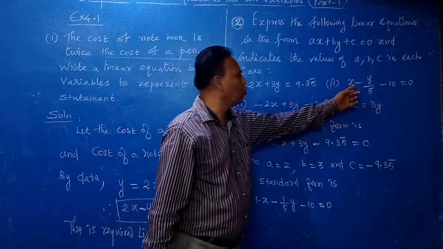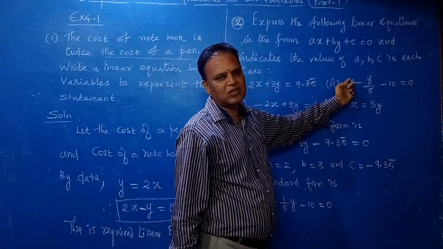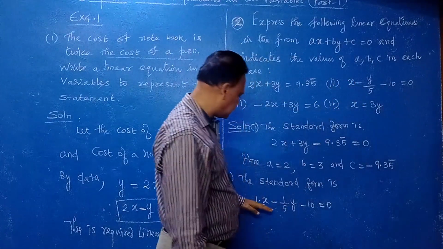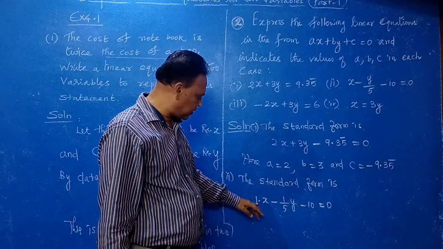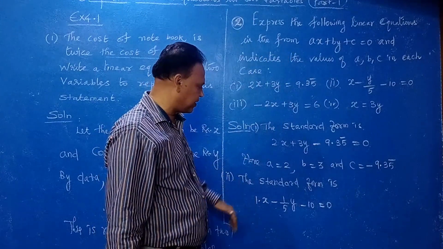Here there is no number, which means you can write it as 1 into x, or simply x. Clear? No problem. For understanding purpose, it is better to write 1 into x so that you can easily compare. A equal to 1 you can write.